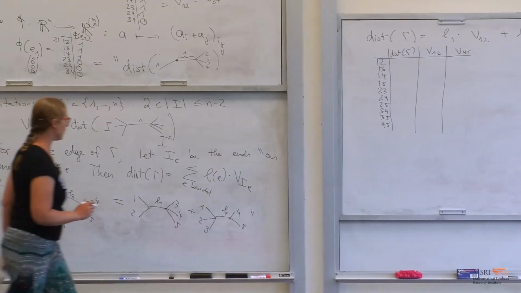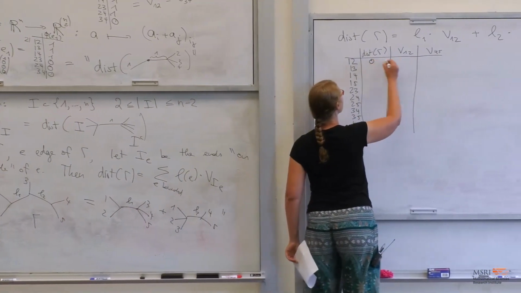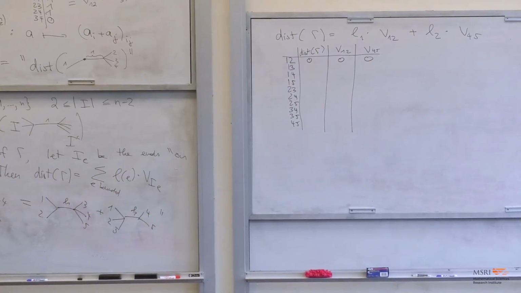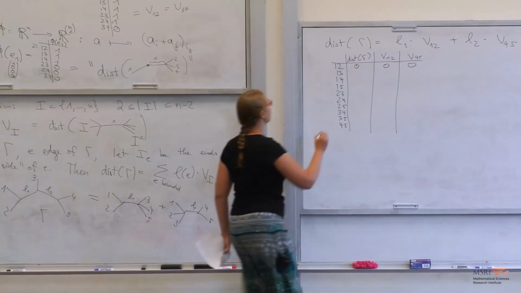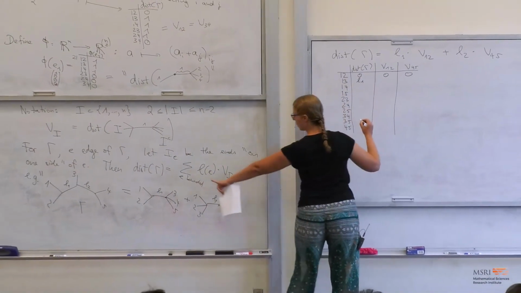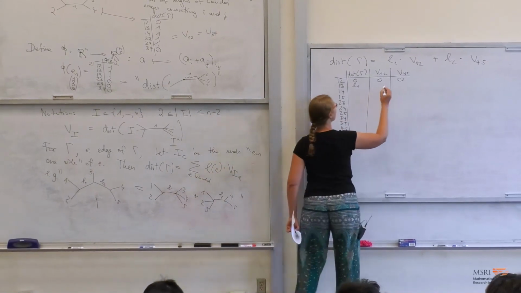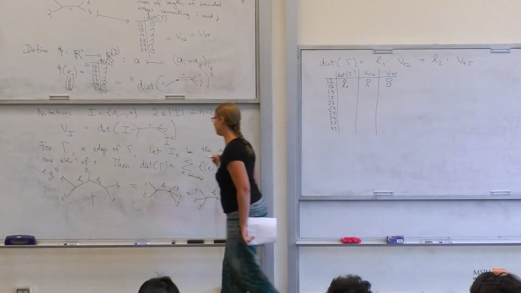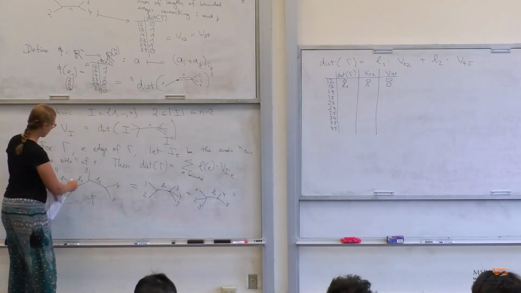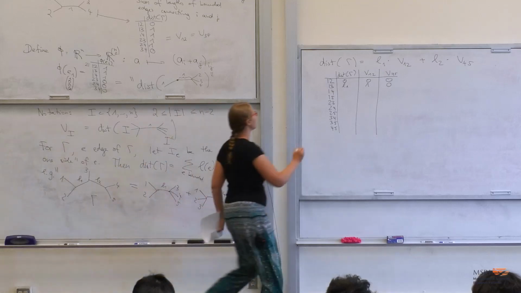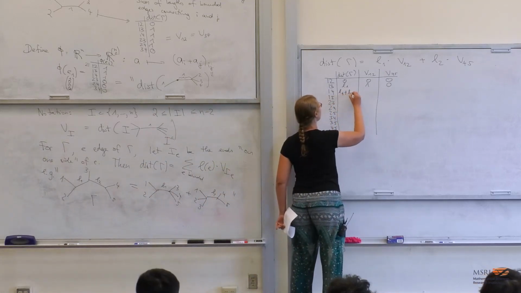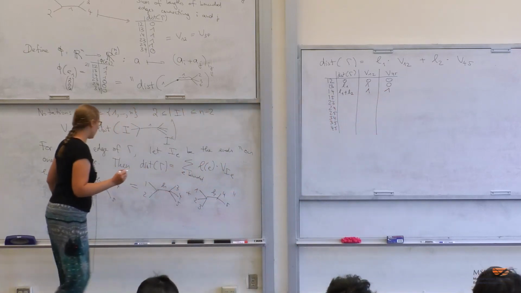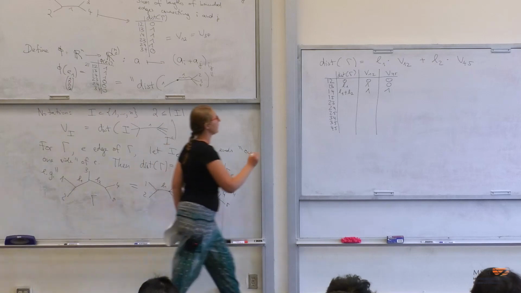In gamma, to go from 1 to 2, you need 0, both here and here also. Okay, to go from 1 to 3 in gamma, you cross over the L1 edge. Okay, so it's L1 here. To go from 1 to 3 in V12, sorry, it's just 1. In V45, it's 0. Okay, to go from 1 to 4, we have to cross over both. So it's L1 plus L2 already. It's a 1 here, and it's a 1 here. 1 to 5, same thing, right?